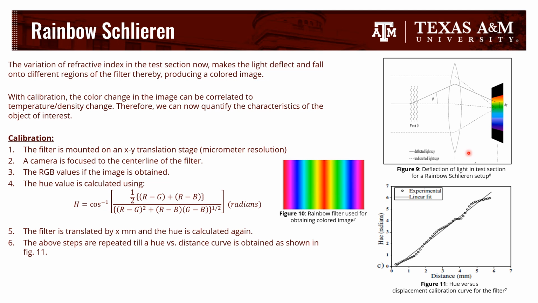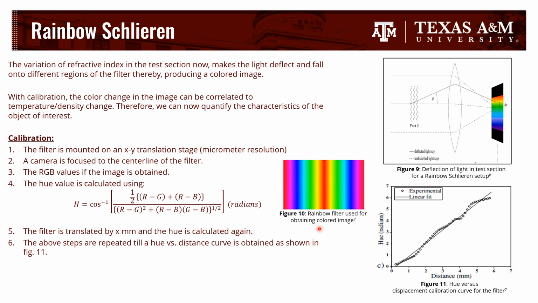To perform calibration, the filter is mounted onto an XY translation stage. A camera is focused onto the center line of the filter, and the RGB values of the image are uploaded. Then, using this formula here, the hue value is calculated.